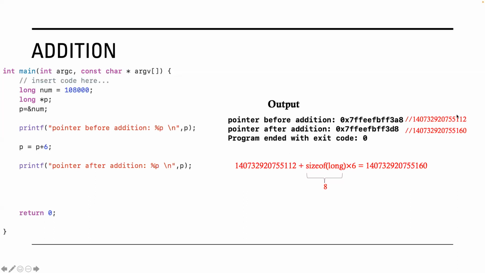So this is the value from the first printf statement, and this is the value after adding 6.